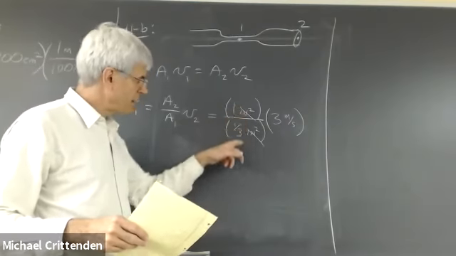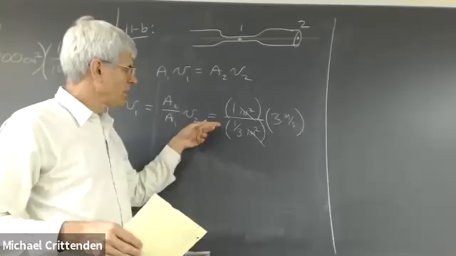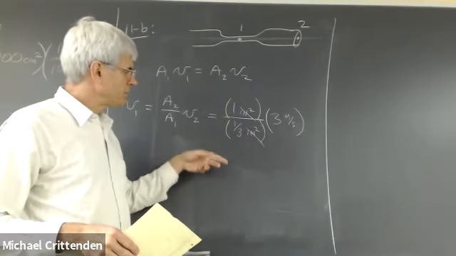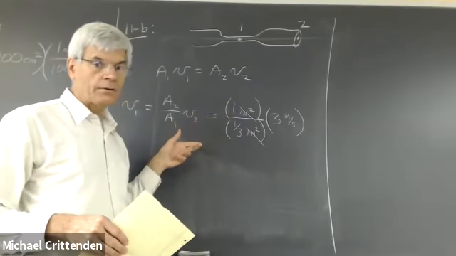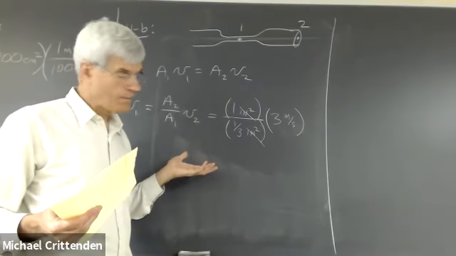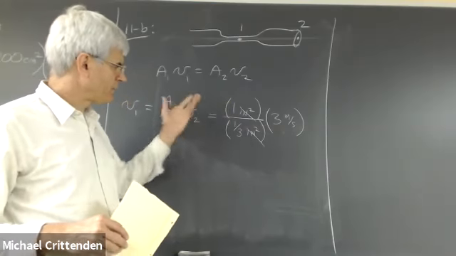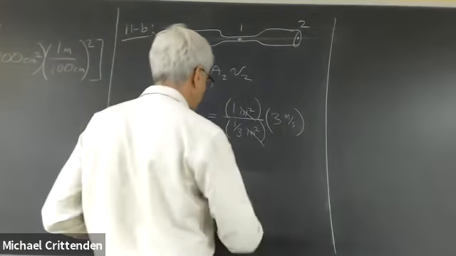But if you keep an eye on things, you realize all that matters is the ratio. It's a 3-to-1 ratio, no matter what units I measure things in. So anyhow, dividing by 1/3 is the same thing as multiplying by 3.